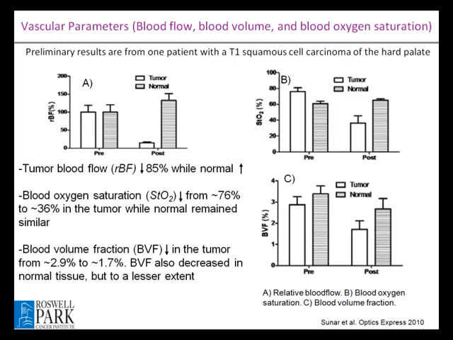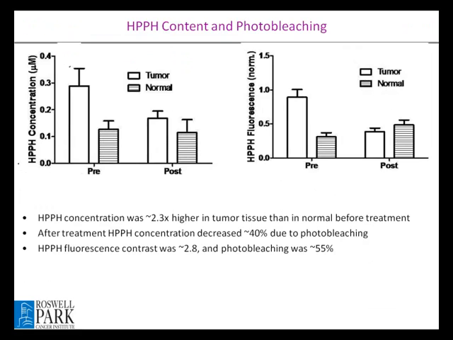This is one case, which I chose because it was published, but these are the kinds of results we are getting, with only pre and post results. In this case, blood flow decreased quite significantly, oxygen saturation also decreased, and blood volume also decreased. When we compare it to the normal tissue with HPPH, we have both the concentration and the fluorescence.